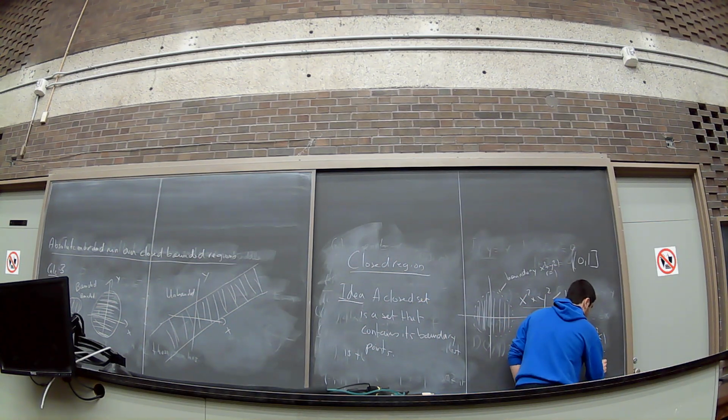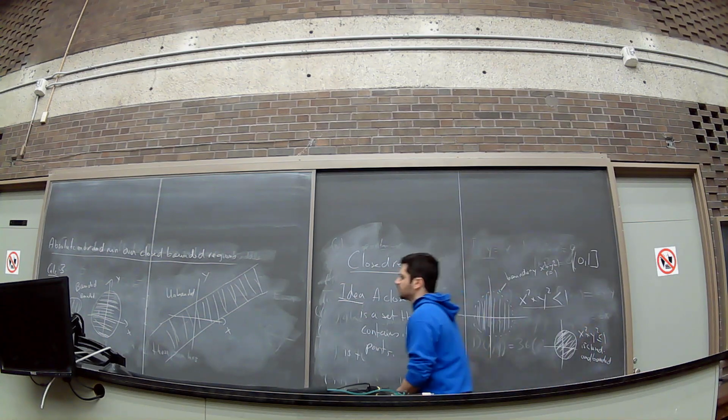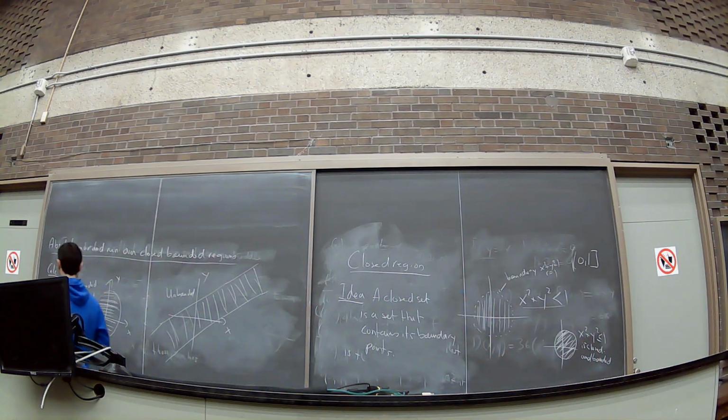We have a name for closed and bounded sets in R squared, but we will not use it. Now let's draw something. Let's just sketch a region. So I draw the inside of my rectangle, but I don't include this line.